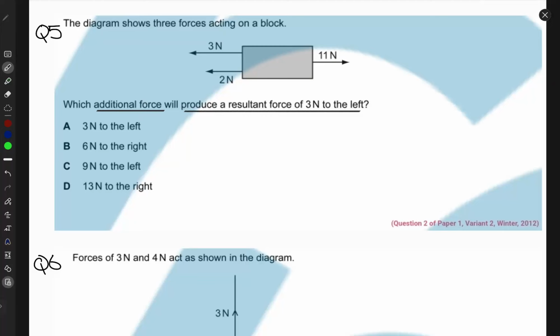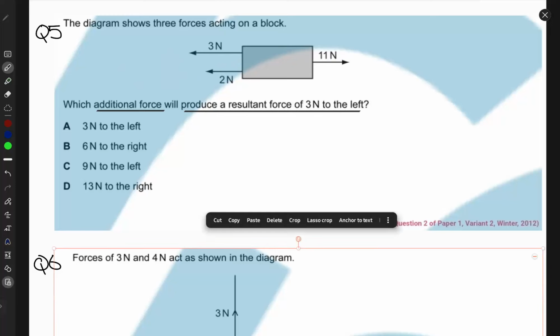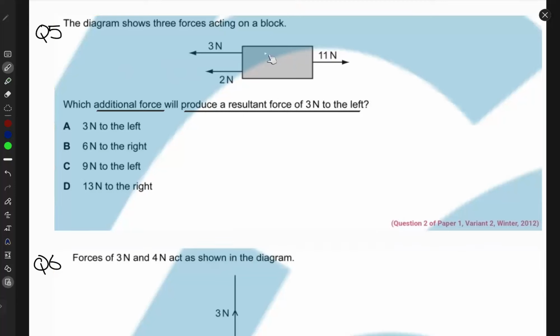So the question is simply asking you what and where should this additional force be drawn so that the net of all of those forces will be in this direction, right? And it would be of 3 newtons. So that's the net result that I want. Do you understand the question?